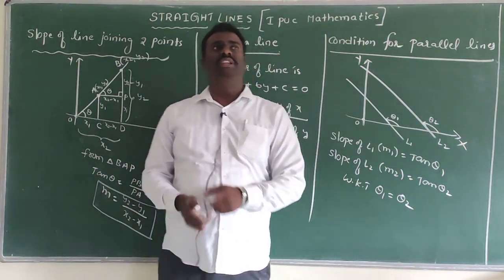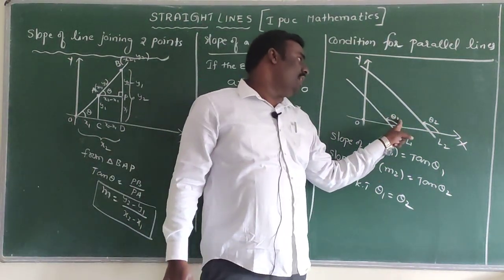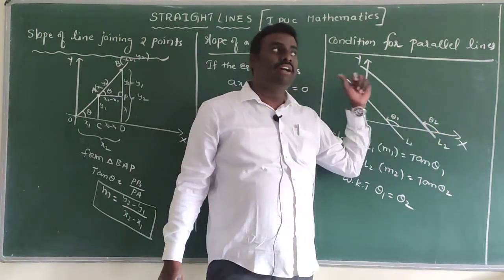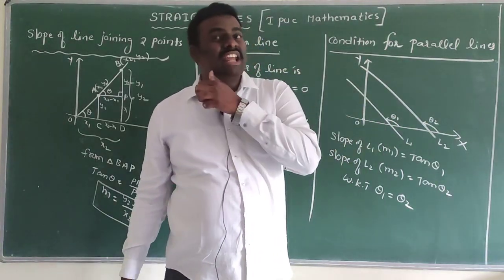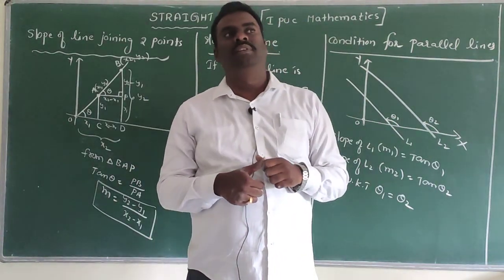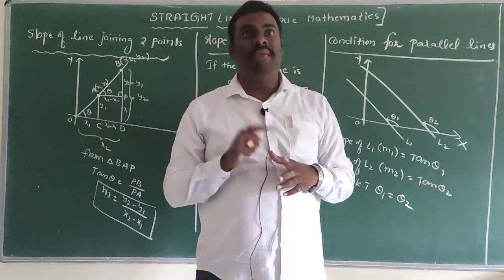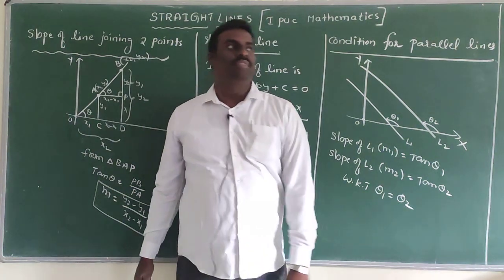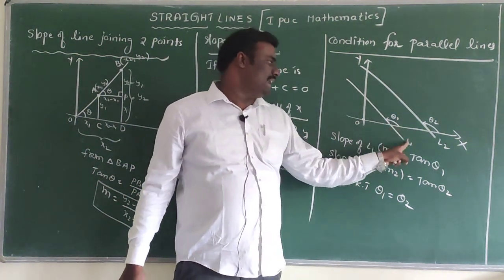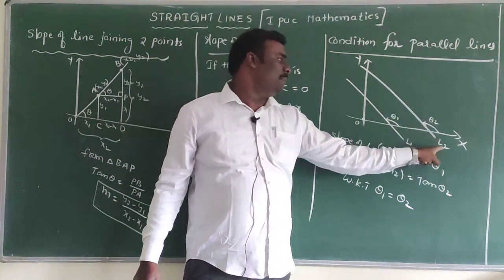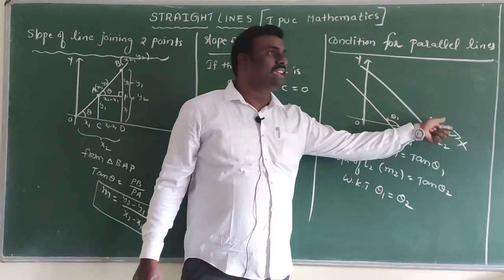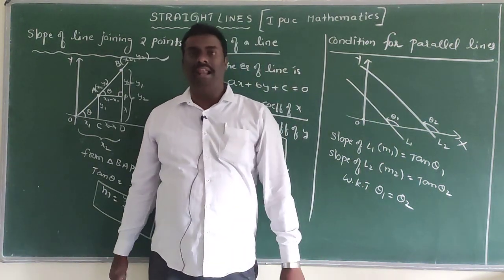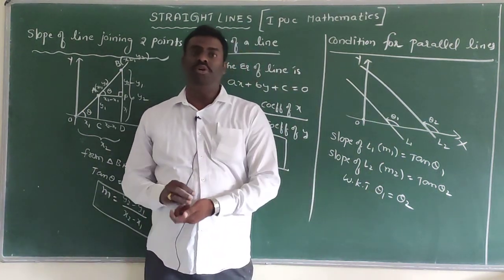Why theta 1 equals theta 2? Here theta 1 and theta 2 are the angles made with the x axis by which lines? Parallel lines. Two parallel lines make the same angle with the x axis. That's why both angles are equal. Why? Because these two are parallel lines. Now theta 1 is equal to theta 2.